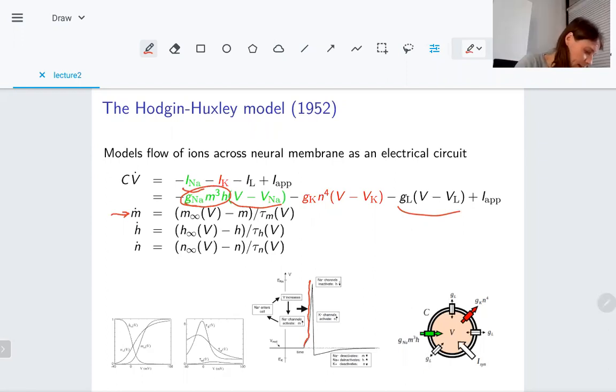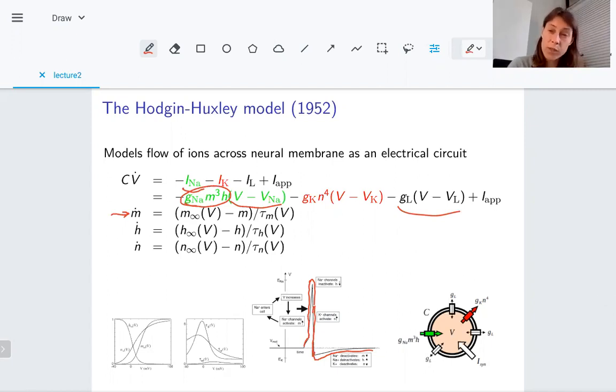And then soon after, what happens is that the potassium channels open, then potassium flows out, and this causes the voltage or the membrane potential to repolarize again. Okay, so this brings back the voltage down to the resting state. Actually, it overshoots it, and then it goes back to the resting state. Okay, so that was the basic dynamics.